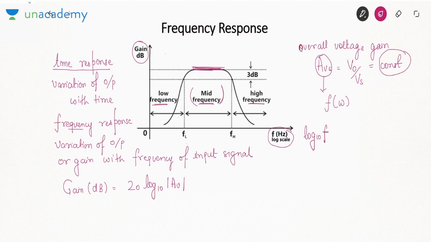Someone might ask you in a question, if he wants to make it tougher, to find the mid frequency gain or mid band gain. This mid frequency can also be called mid band. Band means a range of frequencies. So mid band gain does not vary with frequency; it is always constant.